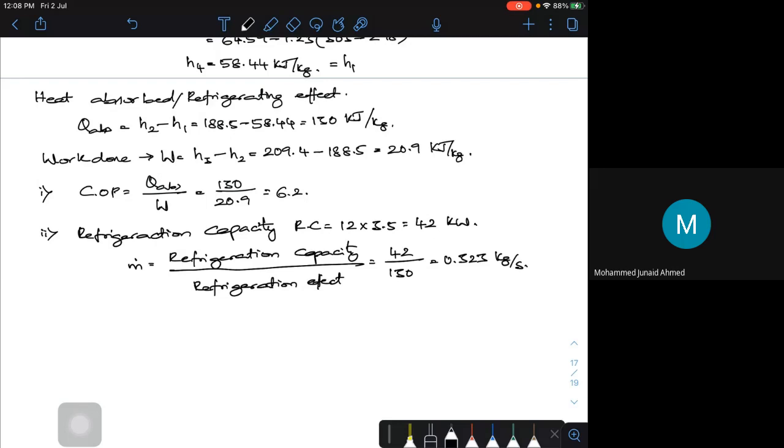This is the amount of refrigerant which is circulated.